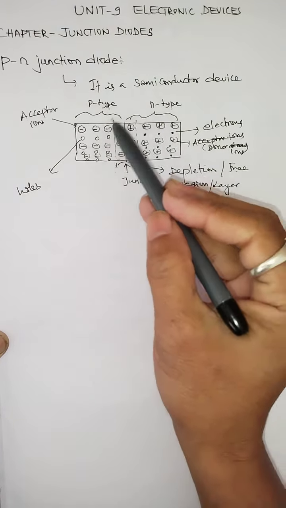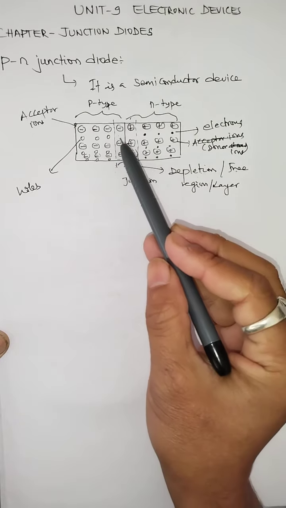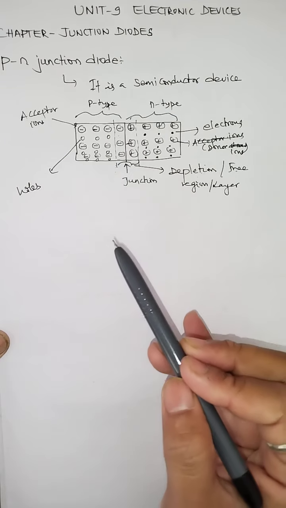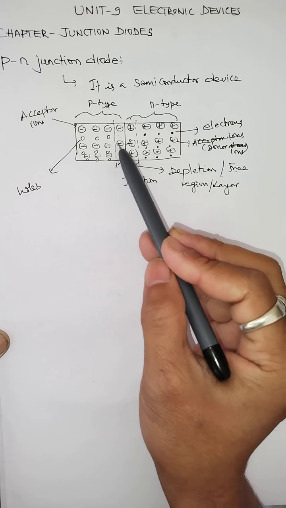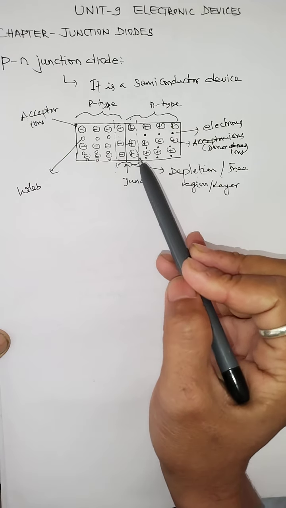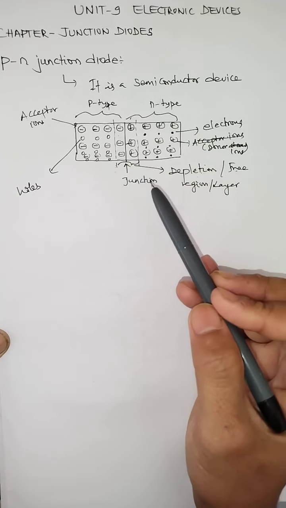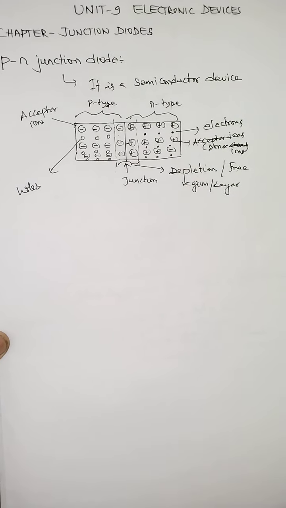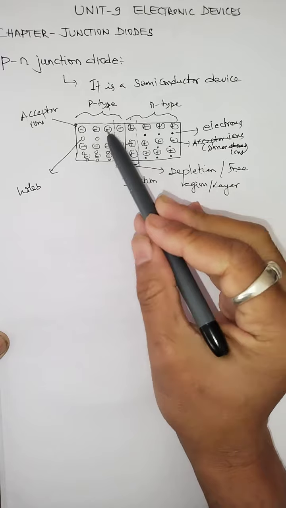Now you can see in this depletion region there are no charge carriers like electrons and holes, but at one end there is only negative charge and at the other end only positive charge, due to the loss of electrons and holes in this region.